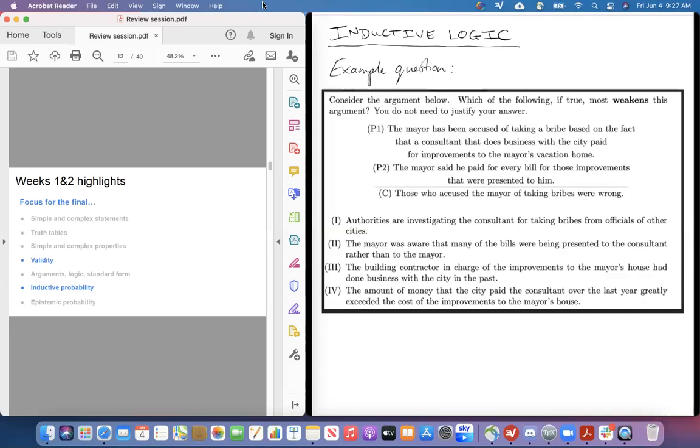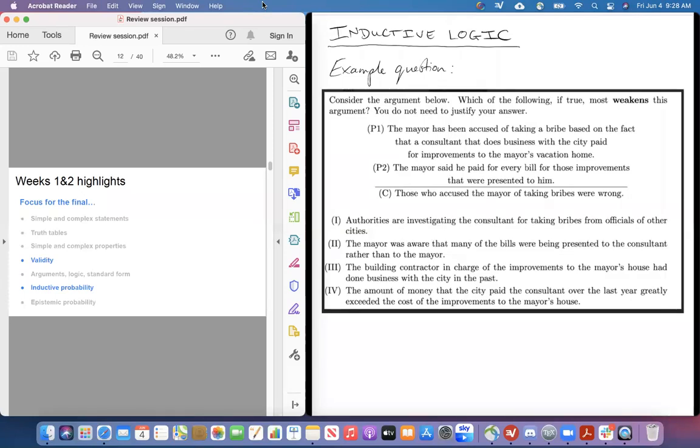So let's look at answer number 1. It says, authorities are investigating the consultant for taking bribes from officials of other cities. Now, does this weaken the argument? Well, answer number 1 doesn't really say anything about what the mayor is doing. If someone that you do business with takes bribes, it wouldn't be fair for me to implicate you as well, because we couldn't assume that the bribery they're involved in necessarily applied to your business.